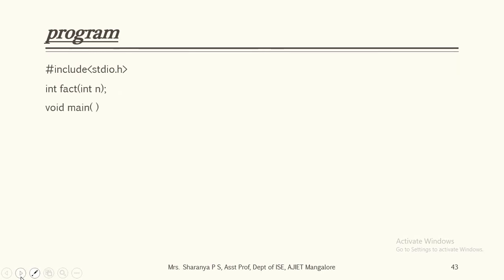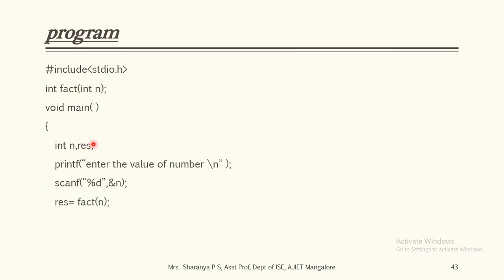And then we are calling the main function, and inside the main we have declared two variables, n and res, result. n is to take the value of a number from the user. We are reading it from the user, and we are using one more variable, result, to store the final result, which is computed by the function.